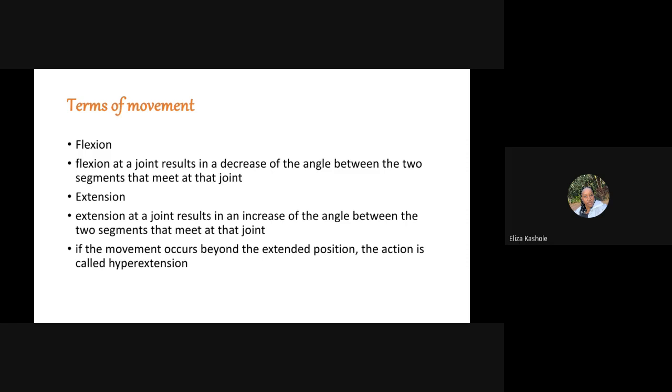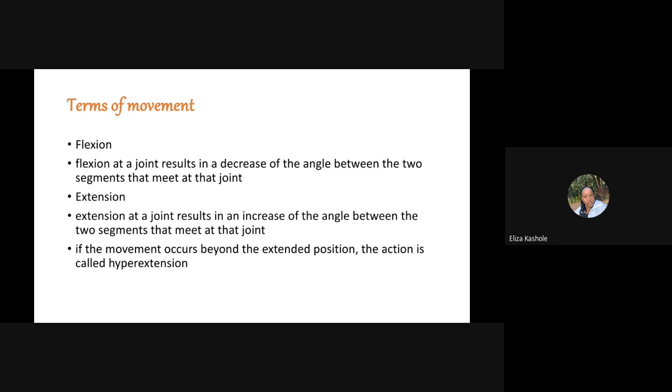Okay, so now we're going to look at terms of movement. We have flexion as the first one. What do we mean when we say flexion? Flexion at a joint results in a decrease of the angle between two segments that meet at that particular point.